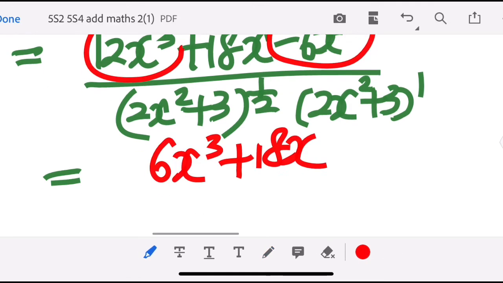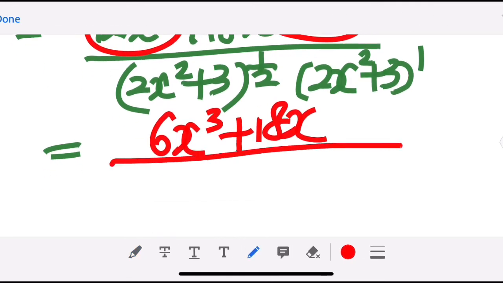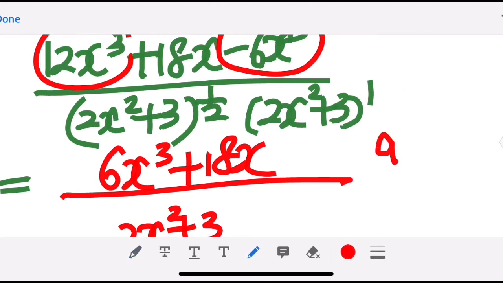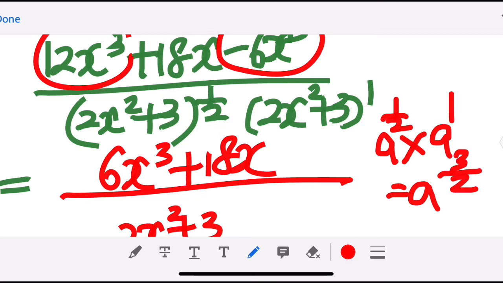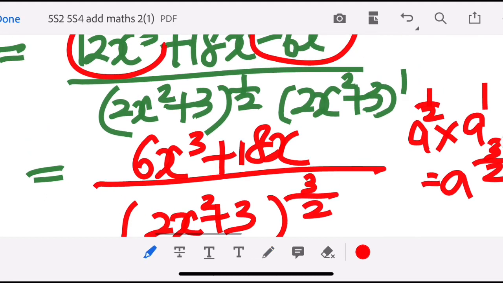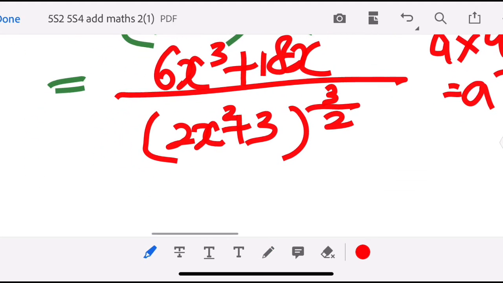Seems like we are having a common factor, over 2x squared plus 3 is the base, right? You know that? So it's just like this. Let's say a to the 1 over 2 times a to the 1. What do you write? You write equal to a to the 3 over 2. But the a here is 2x squared plus 3, right? 1 over 2 plus 1 is 3 over 2. Now I'm going to simplify further.